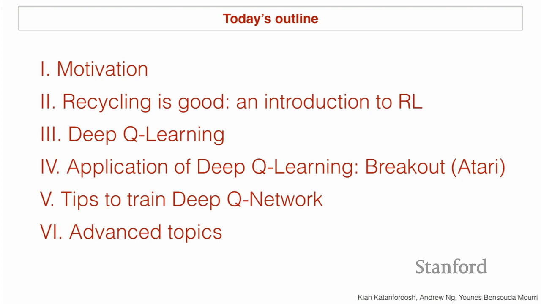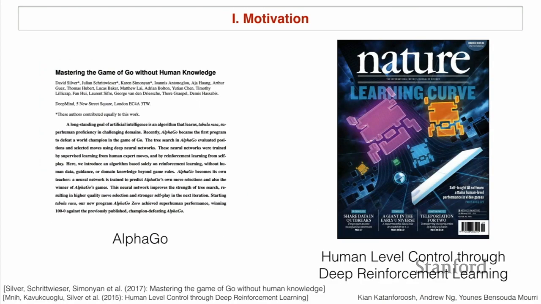So here we will see some of the tips and tricks to train deep Q-learning, which is a reinforcement learning algorithm. And at the end, we will have a guest speaker coming to talk about advanced topics, which are mostly research, which combine deep learning and reinforcement learning. Sounds good? Okay, let's go.